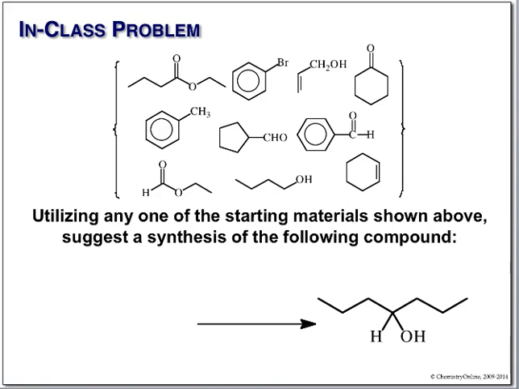If we split here, because this is a secondary alcohol, we would need an aldehyde with 1, 2, 3, 4 carbons. Do we have one? Just the one at the top. These two are the only aldehydes I see. So that doesn't work.